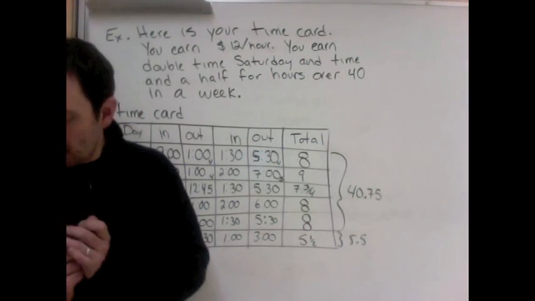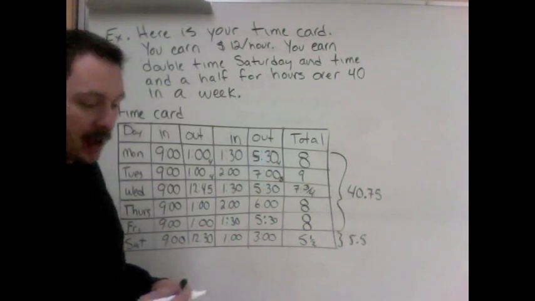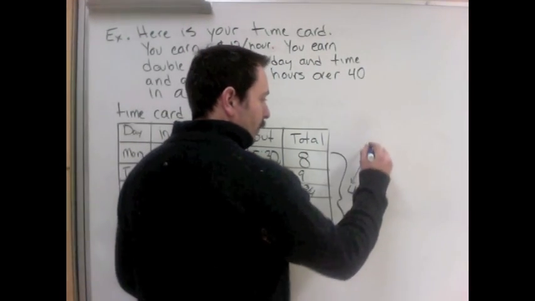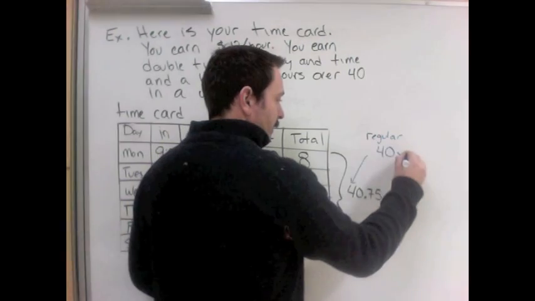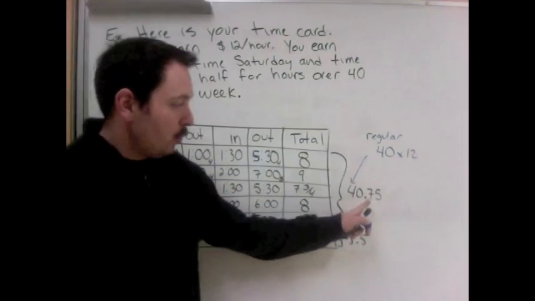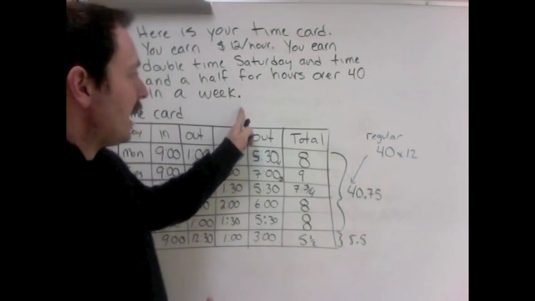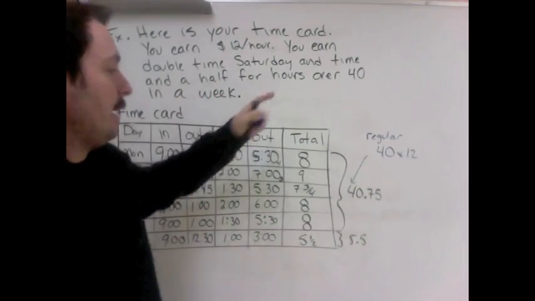Now, our wage. So we earned $12 for the first 40 hours. So I need regular time, 40 times 12. For my overtime, everything over 40 hours gets paid at time and a half.